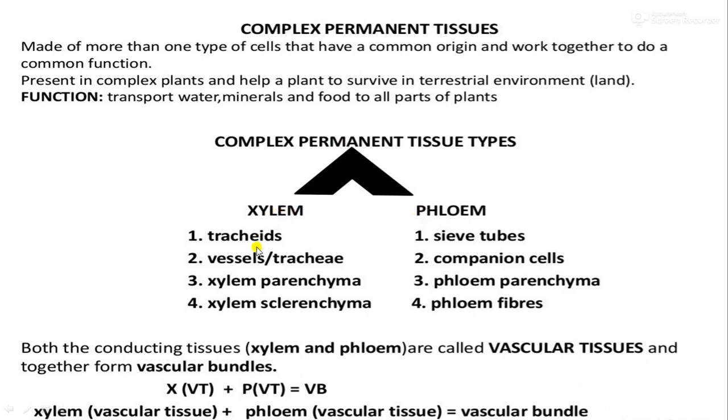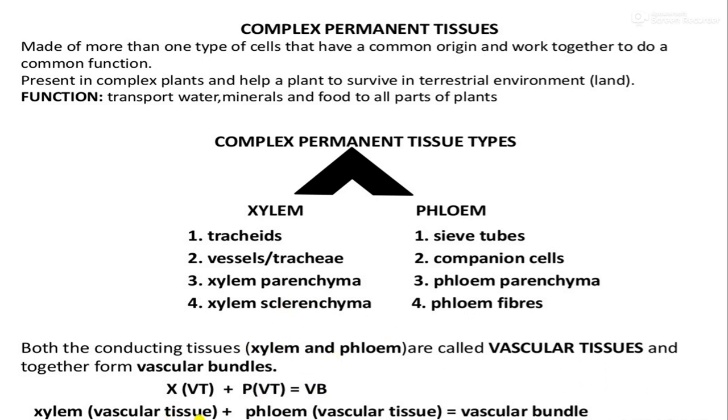Xylem consists of four kinds of cells: tracheids, vessels or tracheae, xylem parenchyma and xylem sclerenchyma or xylem fibers. They are the fibers. Sclerenchyma fibers we have learned in the last class, that is simple permanent tissue.